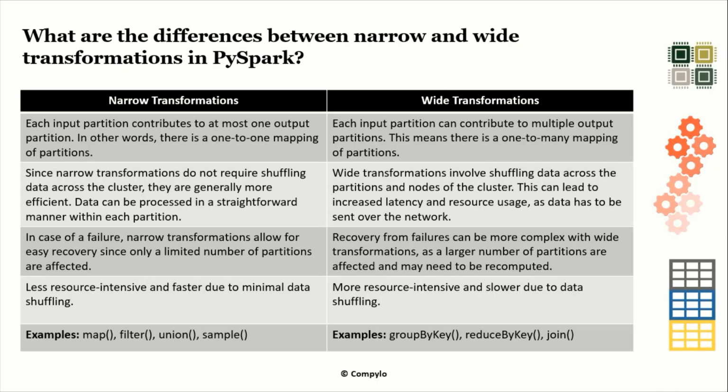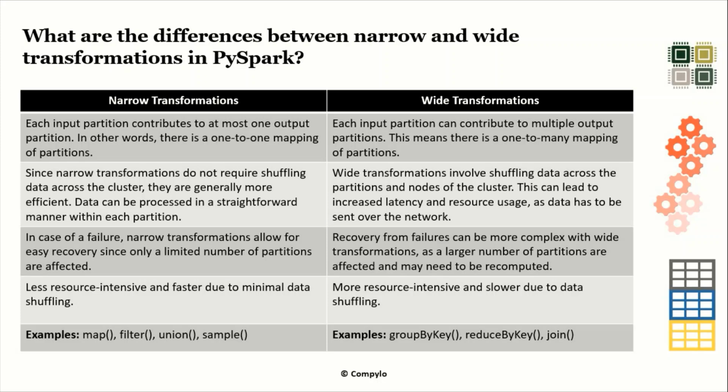In case of failure, narrow transformations allow for easy recovery since only a limited number of partitions are affected. Whereas in wide transformation, recovery from failures can be more complex as a large number of partitions are affected and may need to be recomputed.